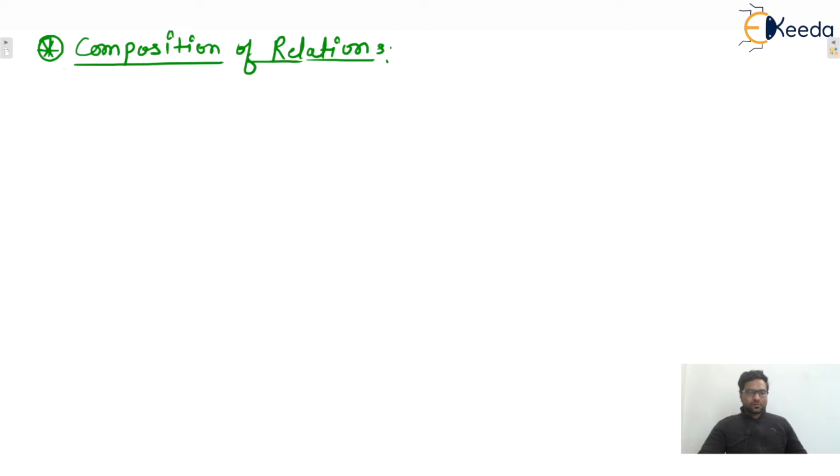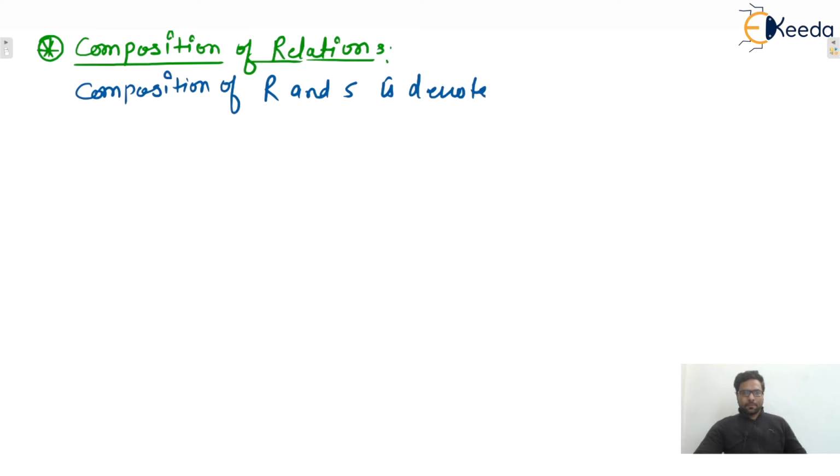Remember this one: composition of R and S is denoted by S of R. It is represented in reverse manner, right to left.